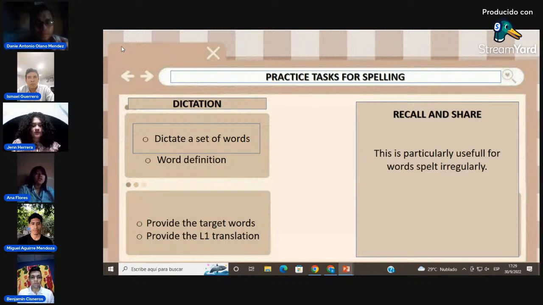Then you erase all the words and invite your students to tell you what the words were that were written there. Then you make a review, write the correct words where they are supposed to be, and tell them if their words are right or not.